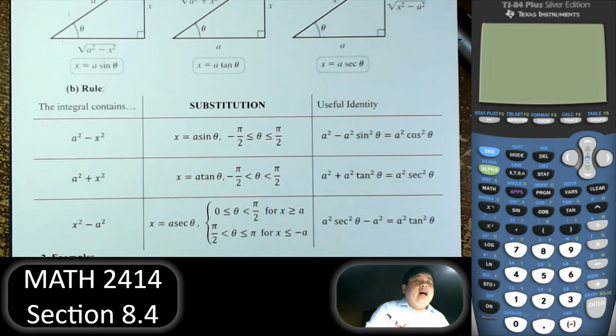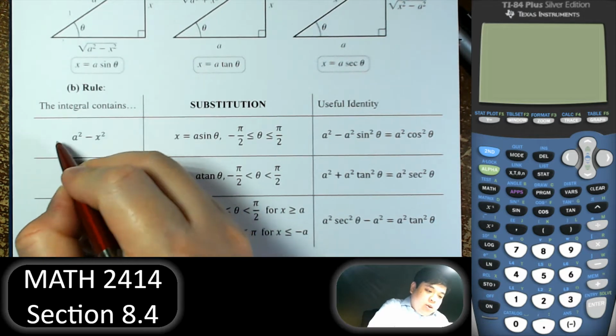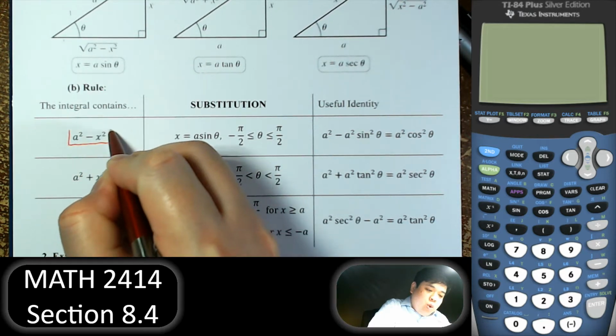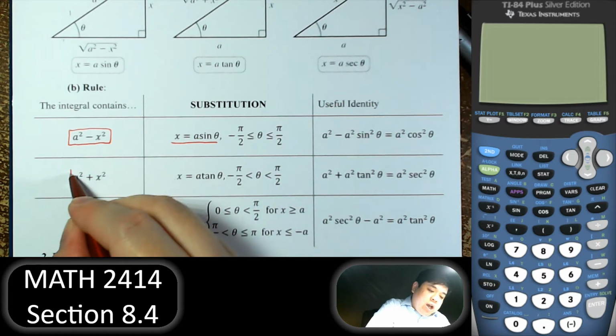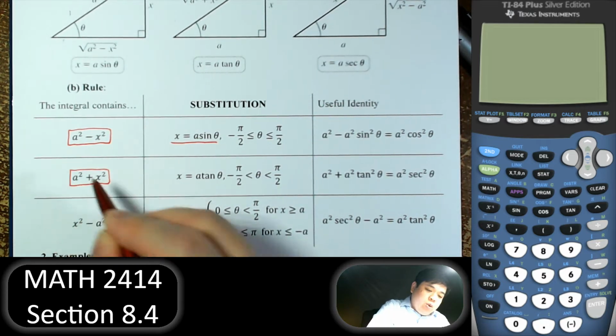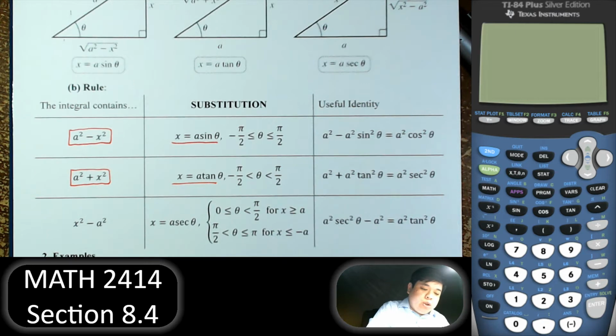When we go to an example, then we'll do this in a few more steps. But for now, if we have a constant square minus x squared, this is a substitution. If we have a constant square plus x squared, this is a substitution.